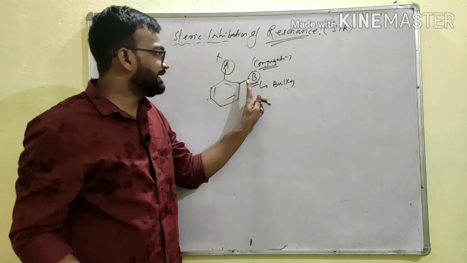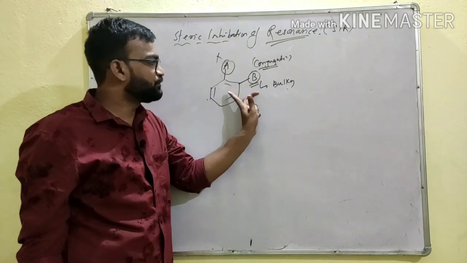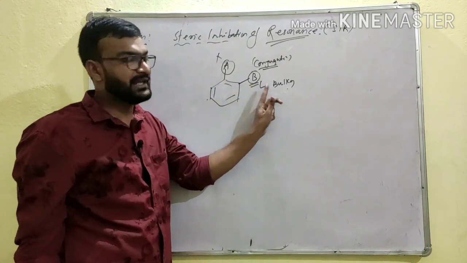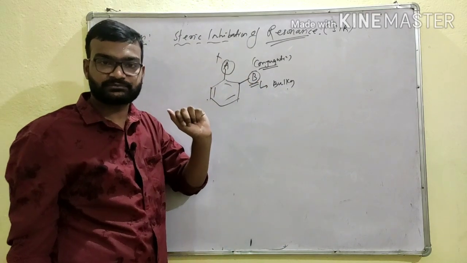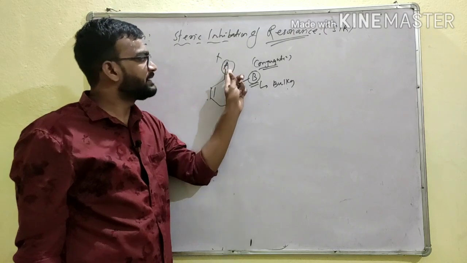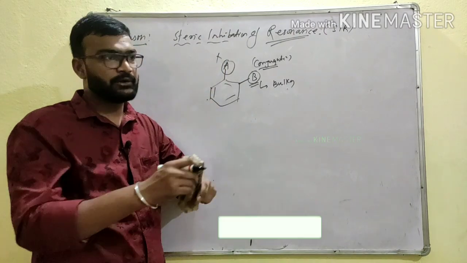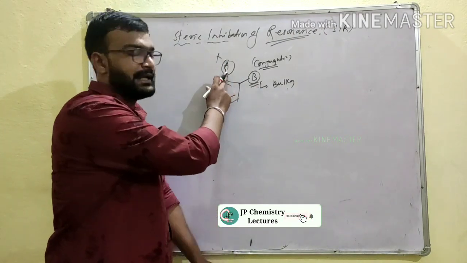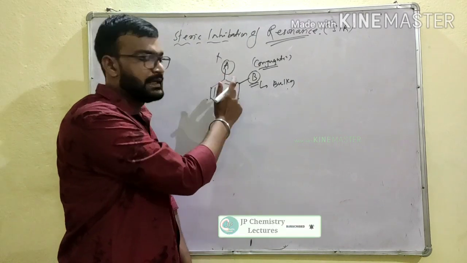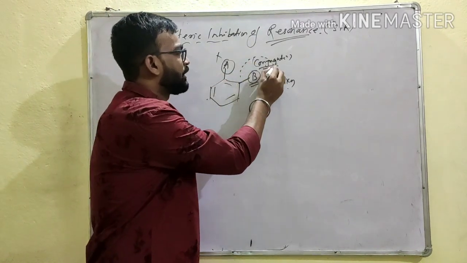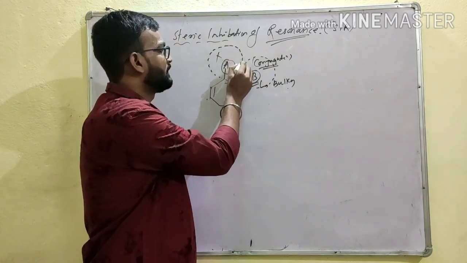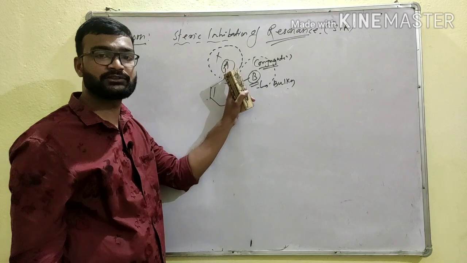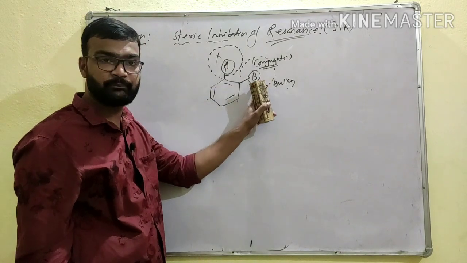So B was initially in conjugation, it is a bulky group, and there is another group at the ortho position. So what happened? As B is bulky and there is another group at the ortho position, the van der Waals radius of B will be in repulsion with the van der Waals radius of A, because this is bulky.